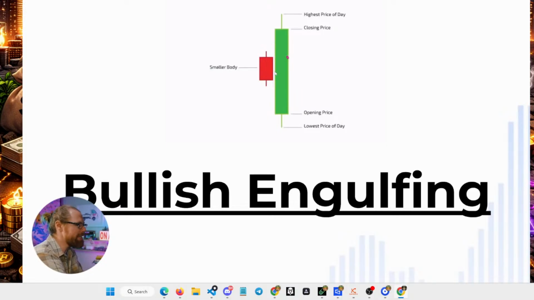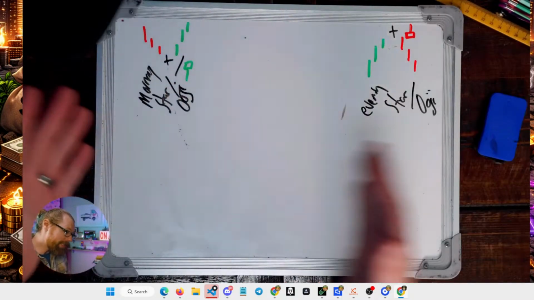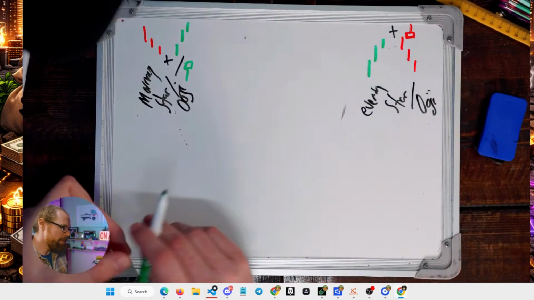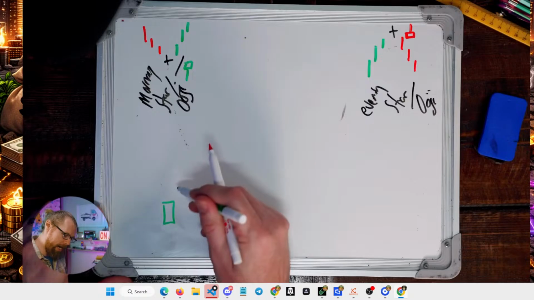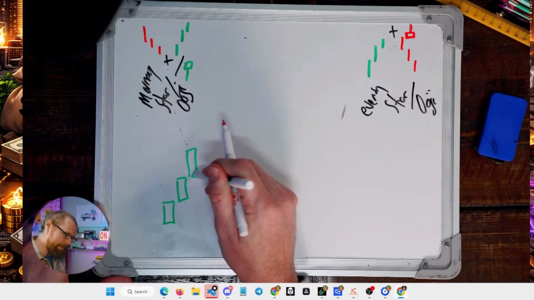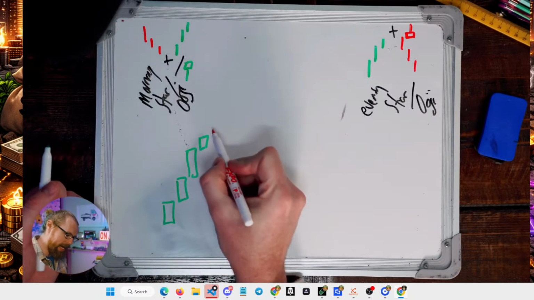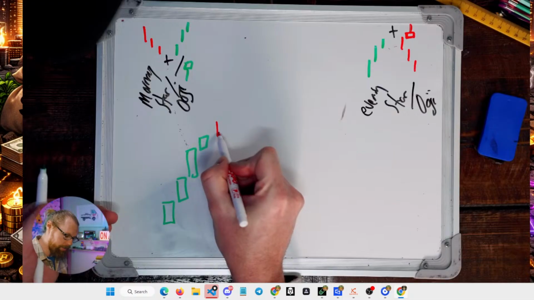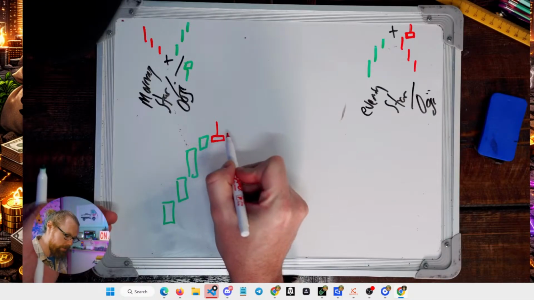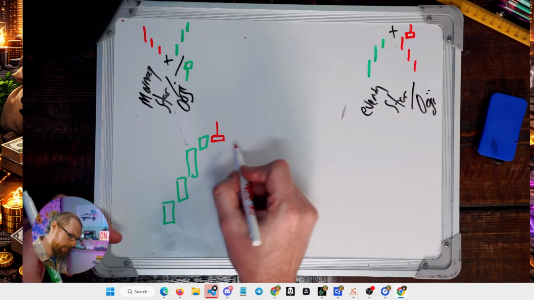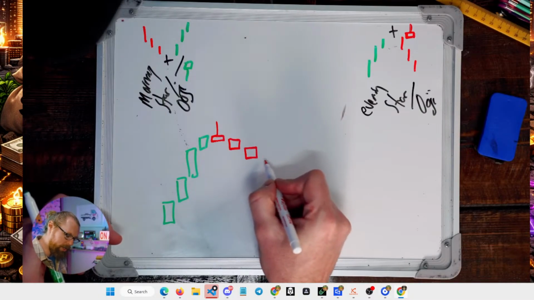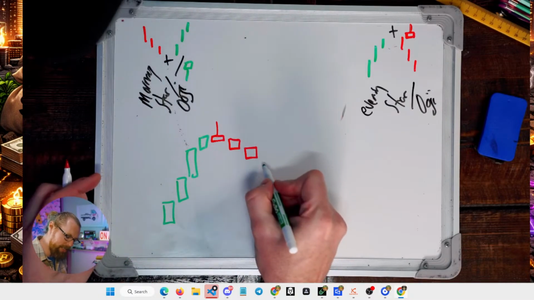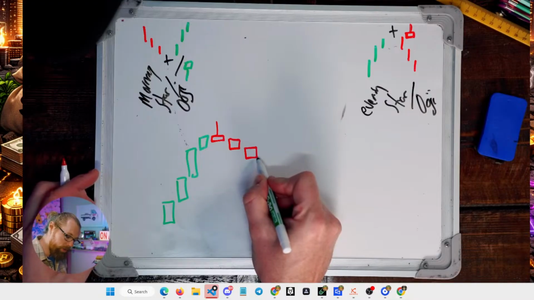Now, this doesn't usually happen on an intraday chart, like a 1 minute chart, because, well, think about it. How could it happen? So let's just say the price has been moving higher right here, squeezing up, and then the trend exhausts. We'll just do a small shooting star candle there. Then we pull back a little bit. So in order to have a bullish engulfing candle, this candle would have to open lower, which it doesn't usually.